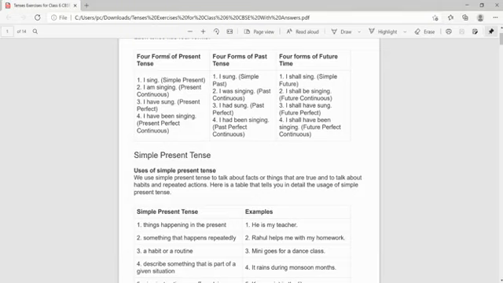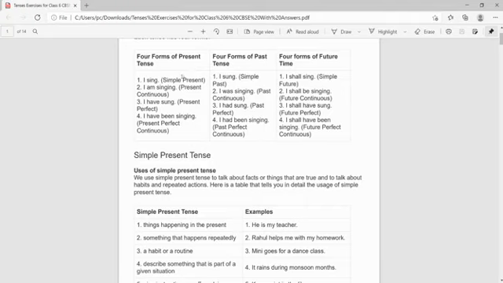In today's lesson, I will just focus on simple present tense. But before that, I want to give you the classification of different forms of tenses for present, past, and future.